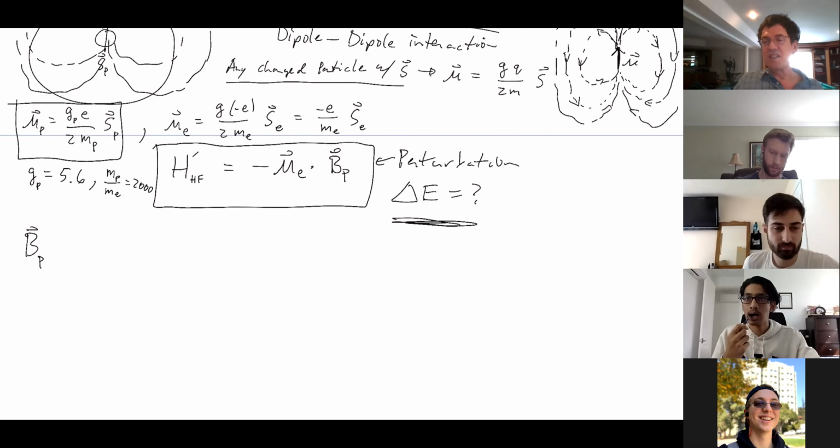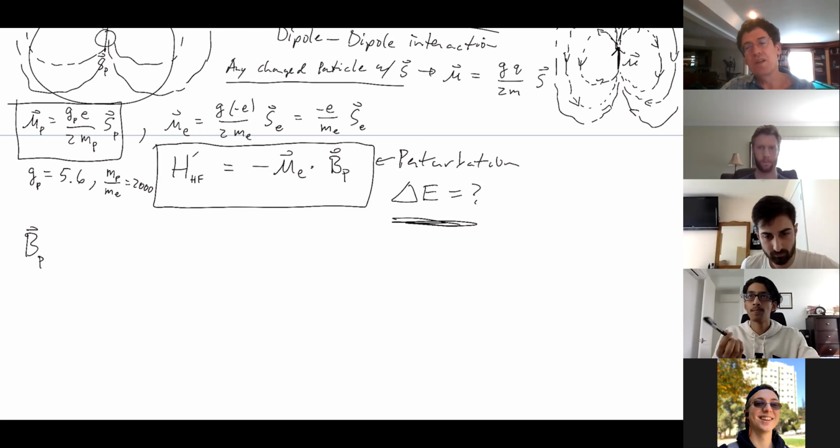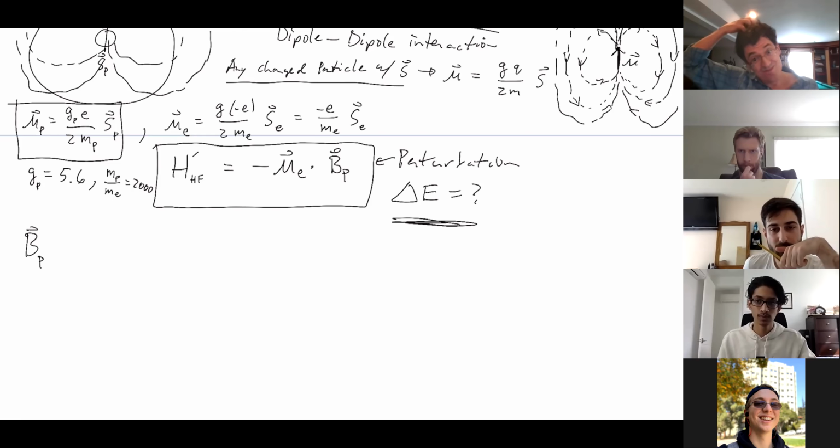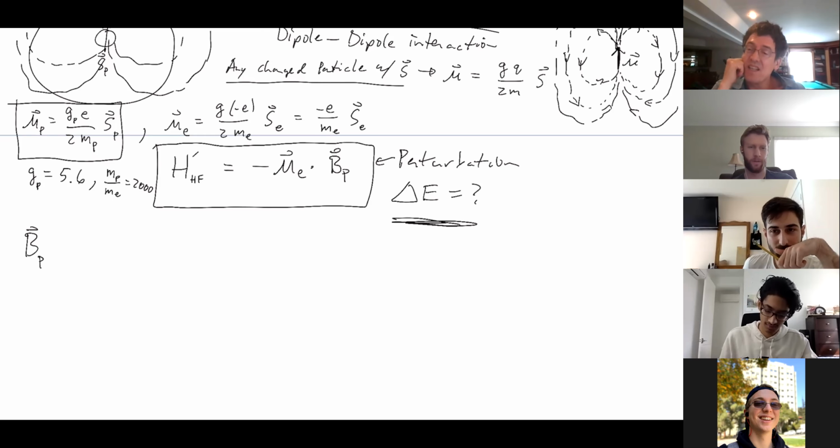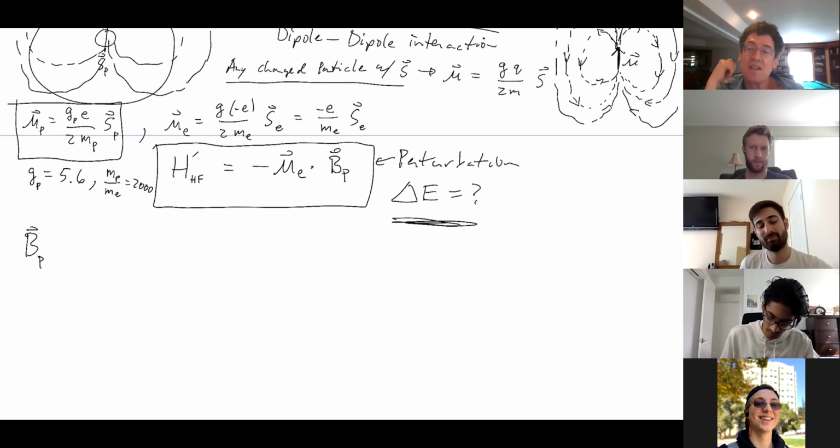And let me ask you another question. Who has a bigger magnetic moment, the electron or the proton? The electron. By how much bigger? 700 times-ish, 500, somewhere in there. Exactly. It's like 1,000 times bigger. That's right. And that's why NMR is kind of hard.